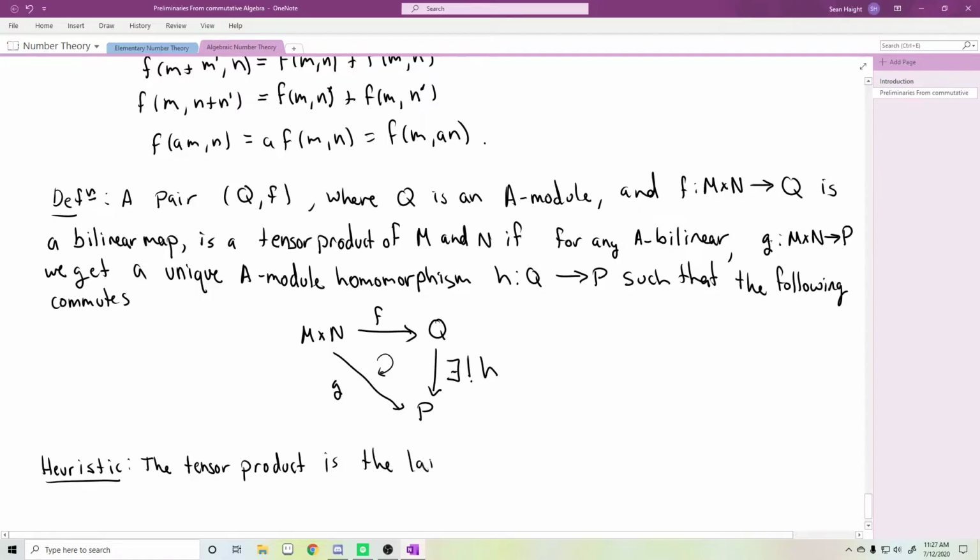So largest in what sense? Maybe this is a little vague. Is the largest module with a bilinear map.